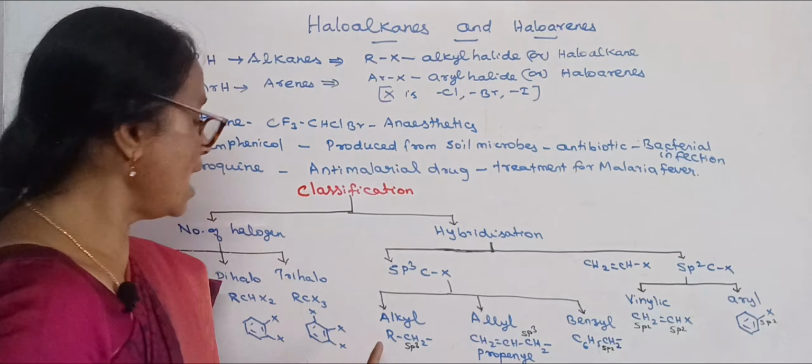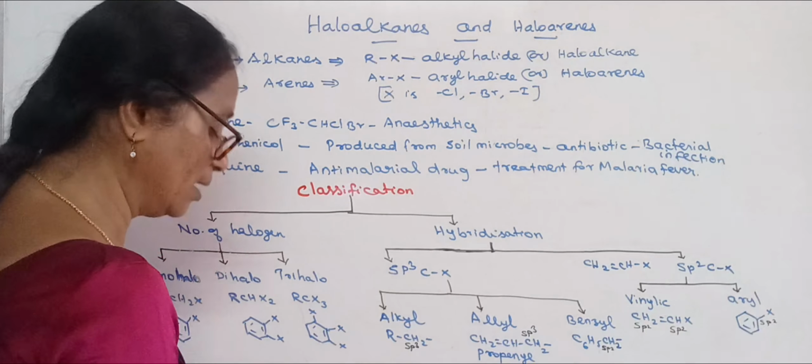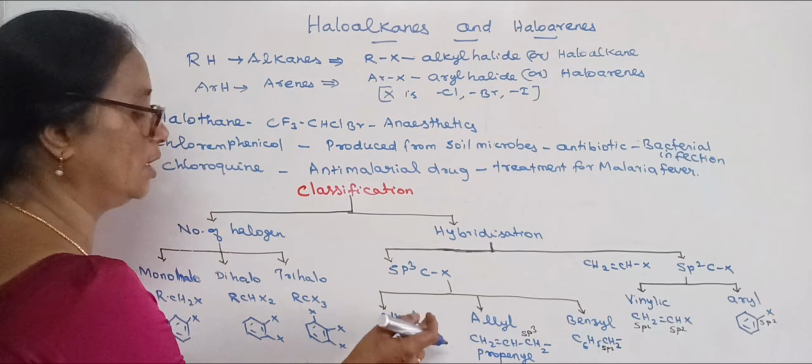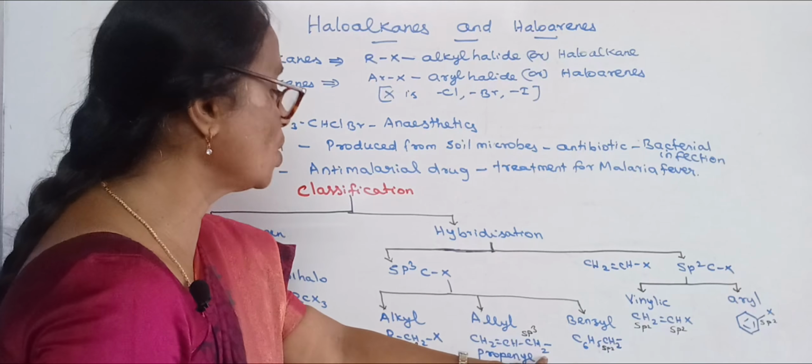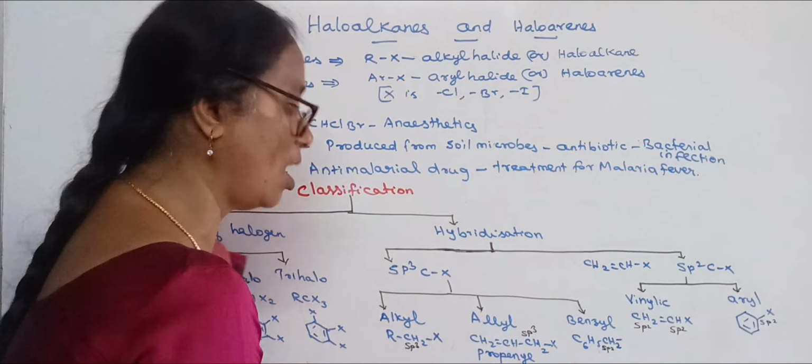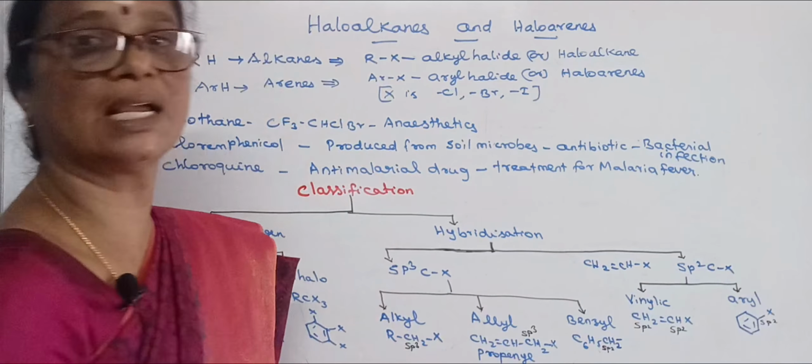Then alkyl, I have RCH2, where if the halogen is present, that is sp3, and here also the halogen is present at the sp3 carbon, and one more is benzyl.